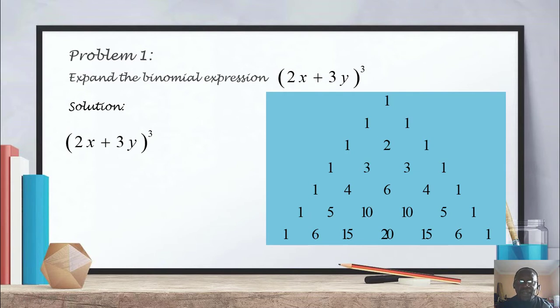Simple. If the power is 3, then the row to use is the row which has the second term as 3. So in this particular case, the coefficients for the terms of this expansion will be 1, 3, 3, and 1.